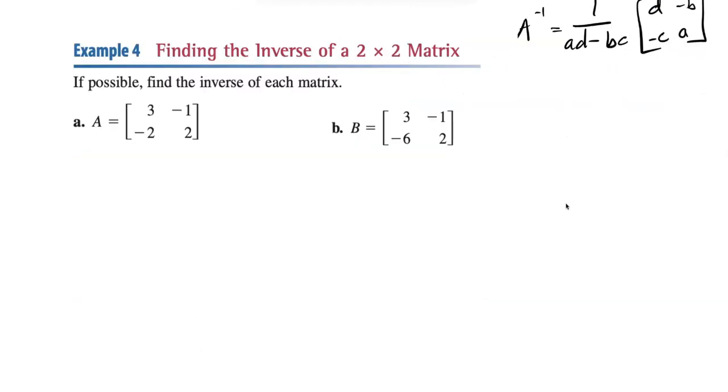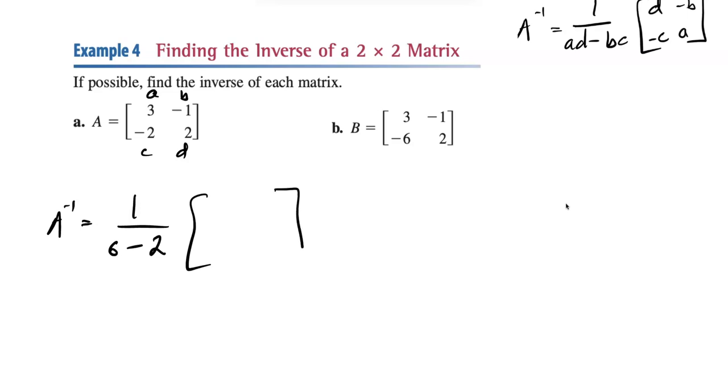So let's find the inverse of this one. So let's say this is A, B, C, D. So our inverse is going to be 1 over down diagonal, so 3 times 2 is 6, minus up diagonal, negative 2 times 1. Negative 1 is 2. Then over here, we're going to switch these two, 3 and 2, the down diagonal, we switch them. And then we change the signs on these two. So they become positive in this case.